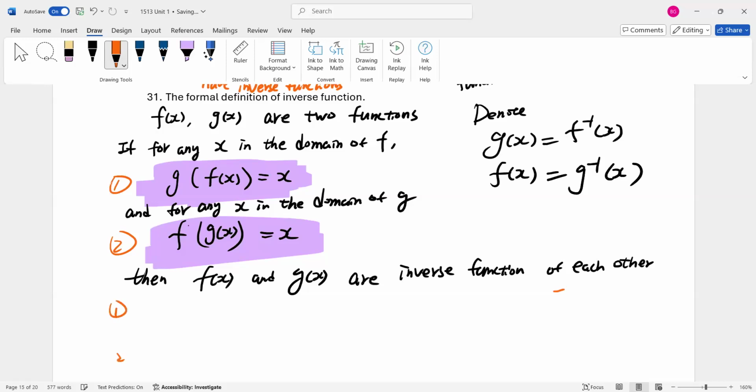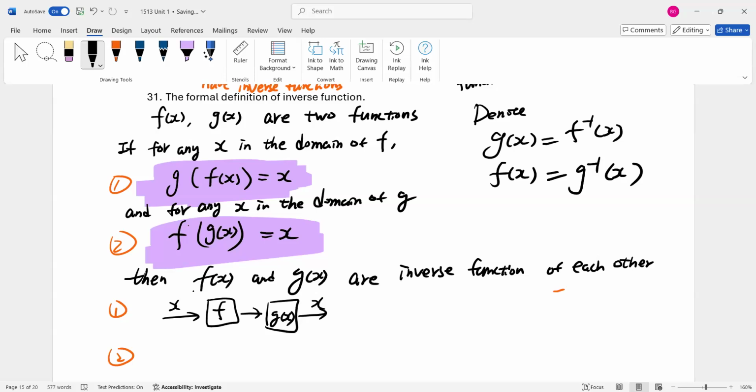Condition 1 means for function f, for machine f, it has a twin machine, g. If you start with any input x in the domain of function f, the input goes through f first, and then g after, and comes out as itself.